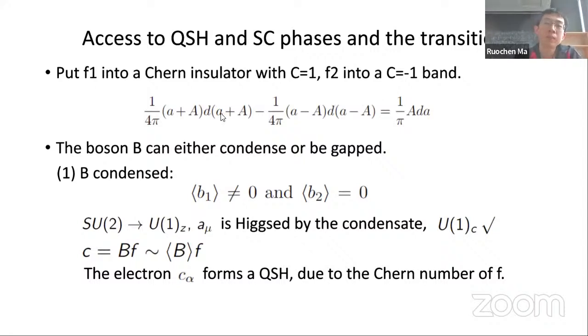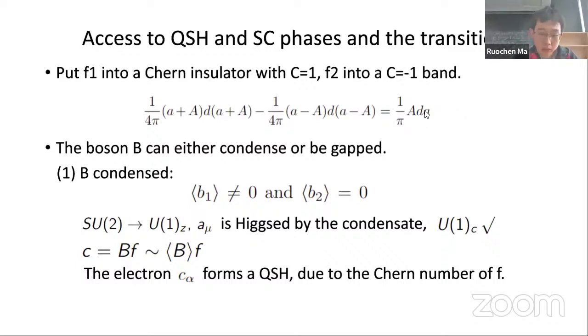And as I said, the two partons carry the same gauge charge but opposite global U(1) charge. So after some algebra, you will get the contribution of the fermionic parton to your low energy response theory. That is simply a mutual Chern-Simons term between this capital A global background gauge field and this dynamical U(1) gauge field.